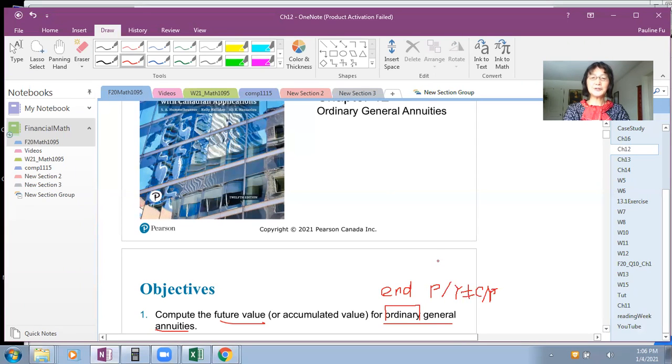In this case, PY equals 12 because you make 12 payments in 1 year. CY equals 2 because interest is compounded semi-annually. So those are not equal. This is a general annuity: PY not equal to CY.